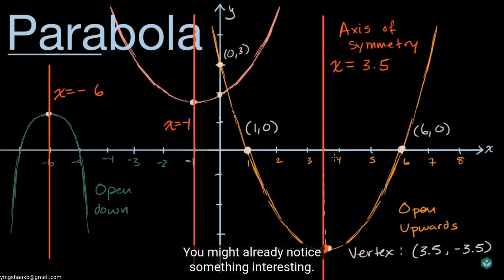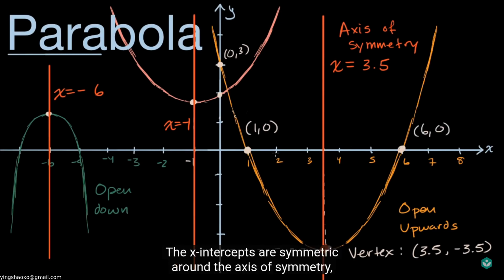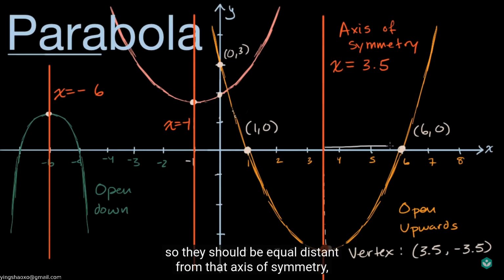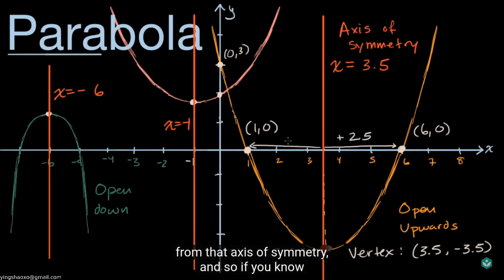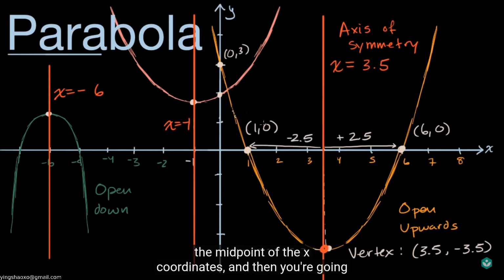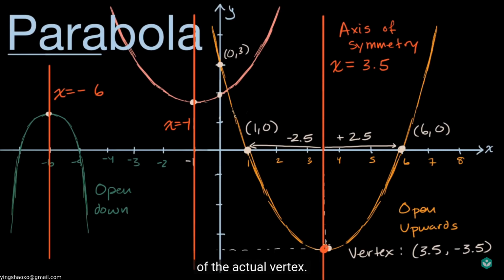Now you might already notice something interesting. The x-intercepts are symmetric around the axis of symmetry, so they should be equidistant from that axis of symmetry. And you can see they indeed are. They're both exactly 2.5 away from that axis of symmetry. So if you know where the intercepts are, you could take the midpoint of the x-coordinates, and then you're going to have the x-coordinate of the axis of symmetry, and the x-coordinate of the actual vertex.